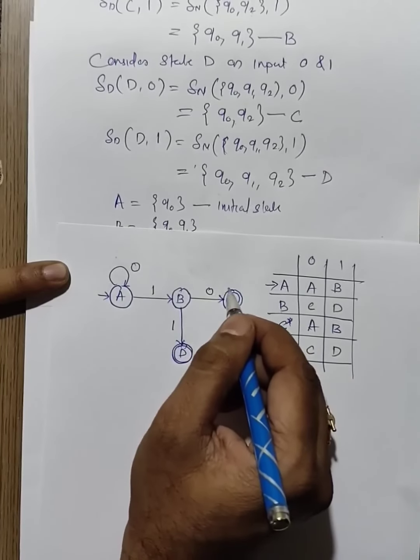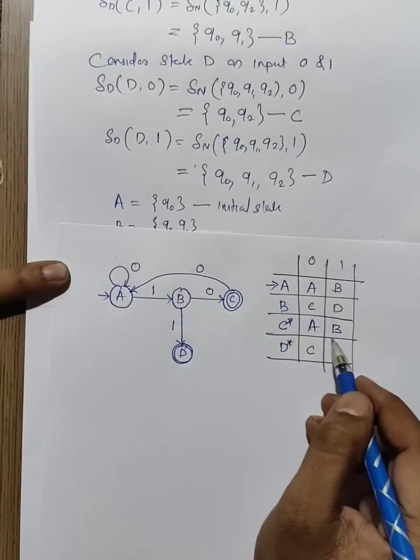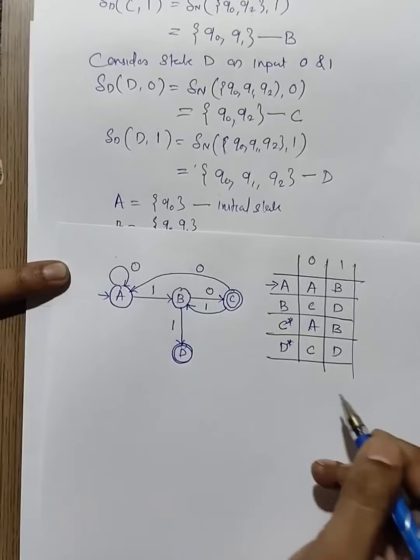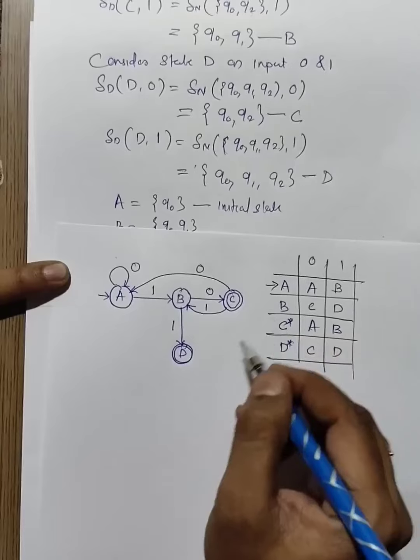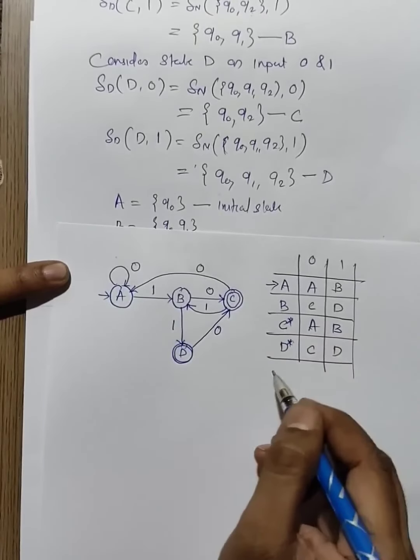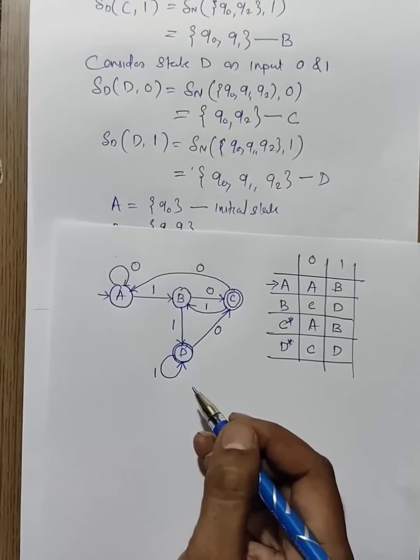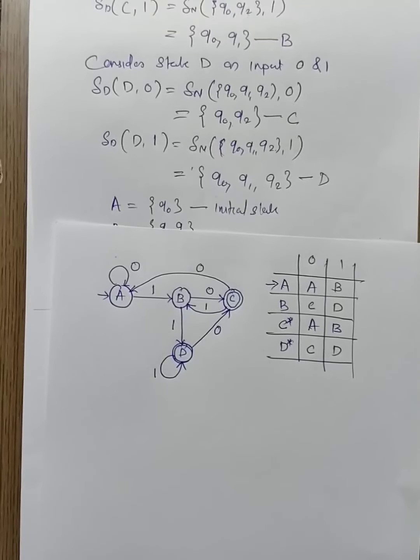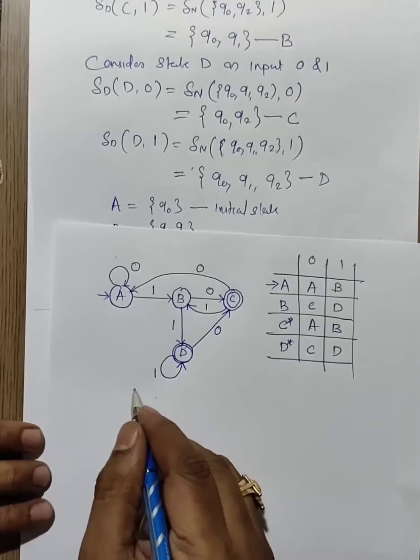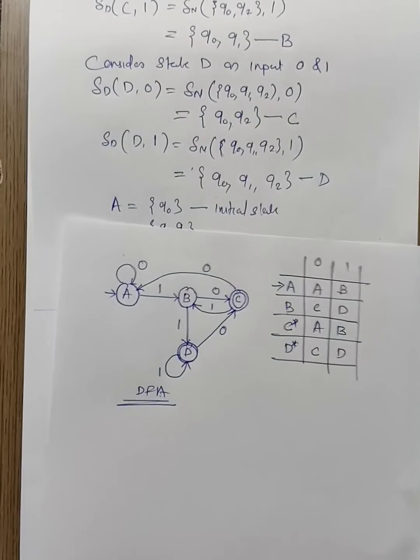C to A on 0. C to B on 1. D to C on 0. D to D on 1. This is a self-loop. This is the final DFA from NFA.